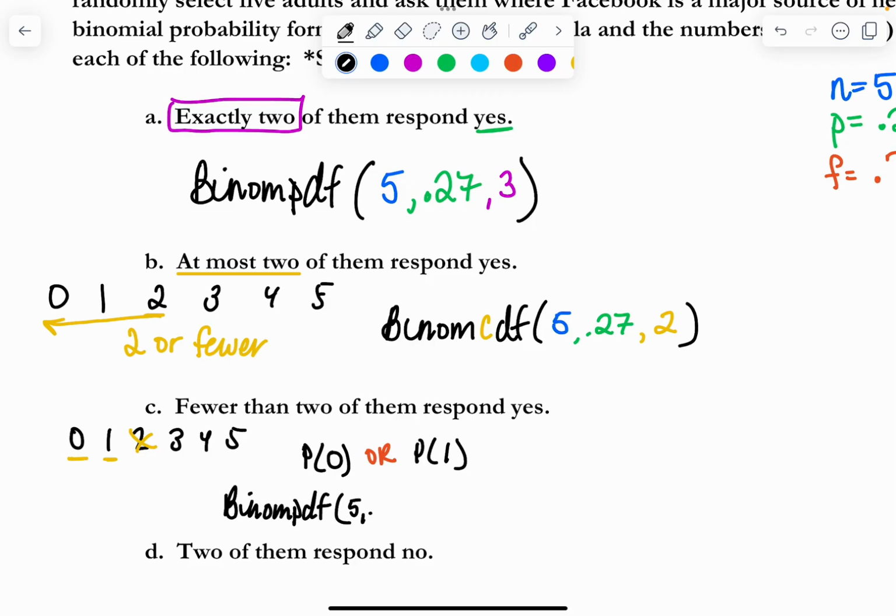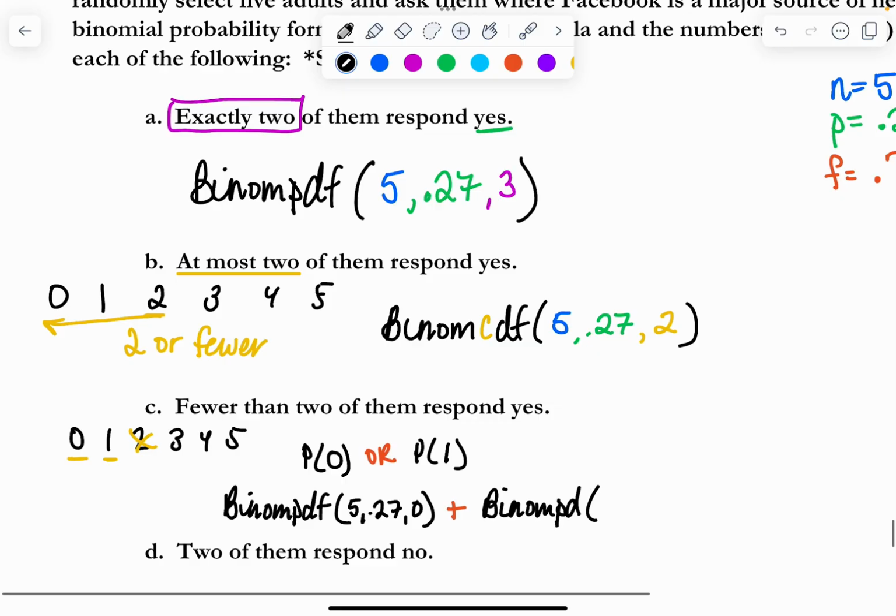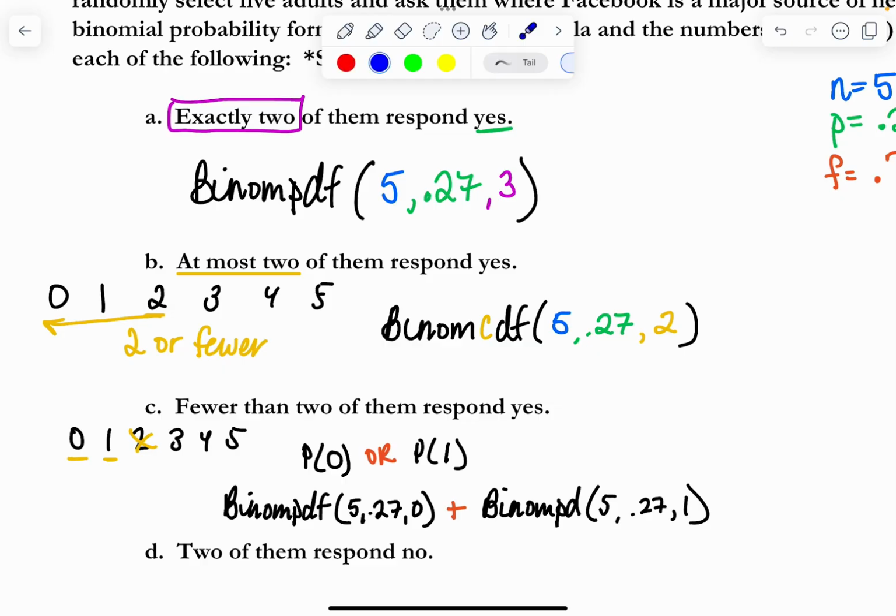We'd do 5, 0.27, and 0, and then do the same thing, binom PDF: we talked to 5 people, probability they said yes is 0.27, and then 1. And then you would just calculate those separately and add them together. So notice the difference between the phrasing. It does change your calculations a little bit: in this one we included 2 and then went lower, and in this one we didn't include 2 and went lower.